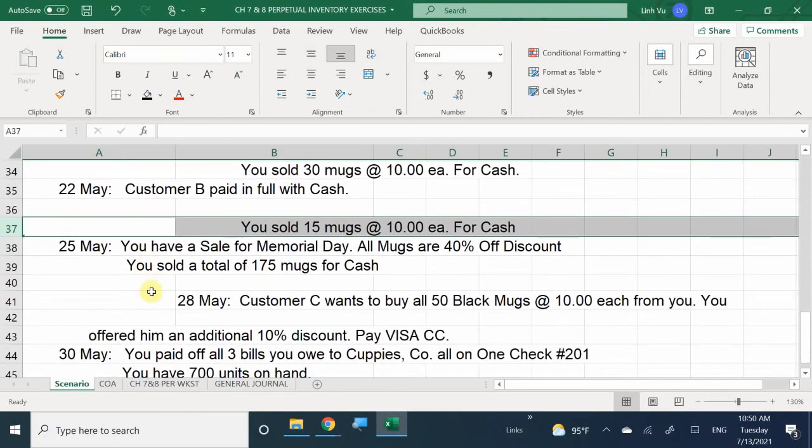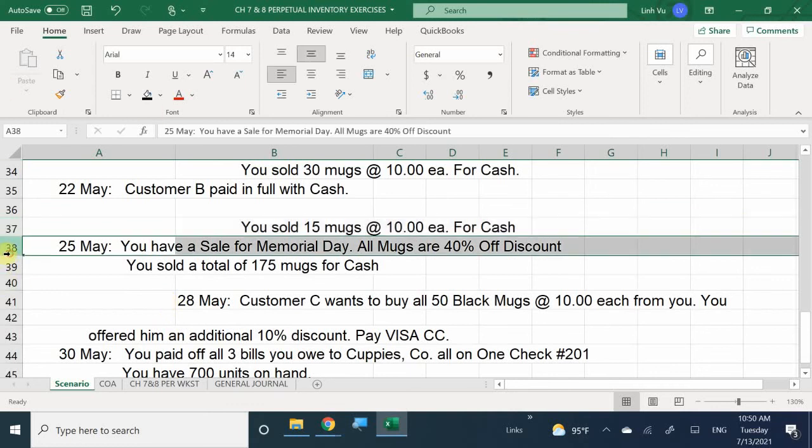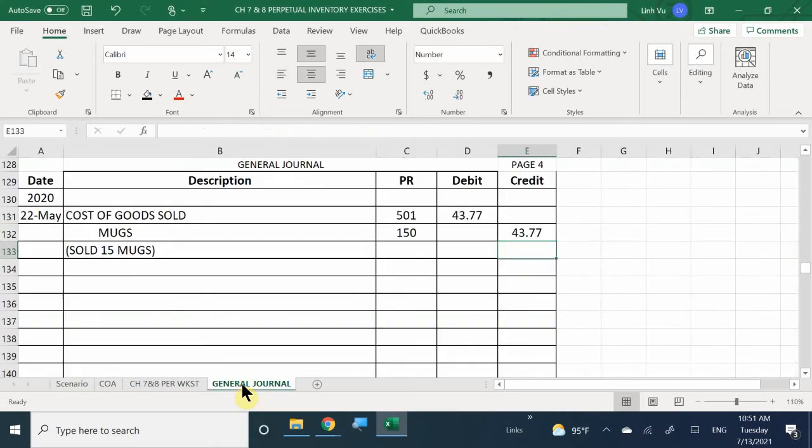All right, so then on the 25th of May, what has happened here? So we sold 175 mugs, but because of a Memorial Day sale, they got a 40% discount. Perfect. So how are we going to calculate or journalize this? And we're assuming that we're still selling at the regular price of $10 per mug, correct? Correct. Assume, yes.